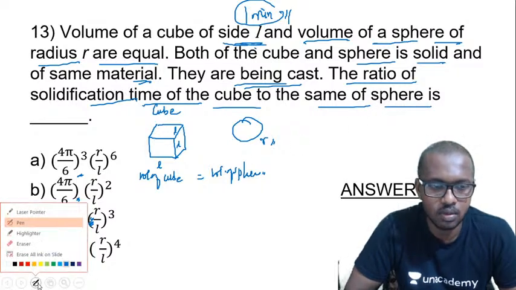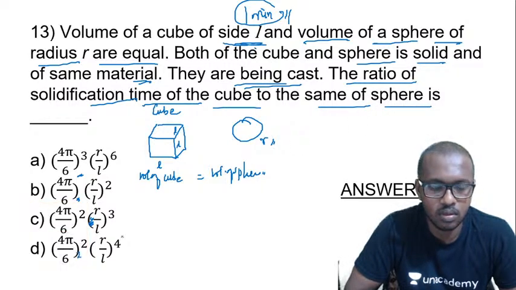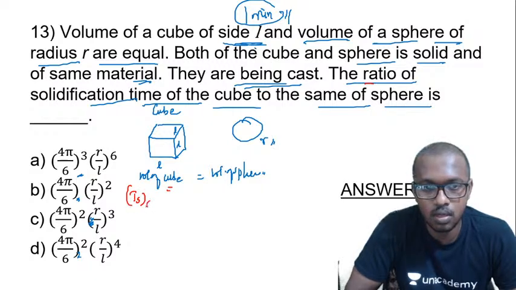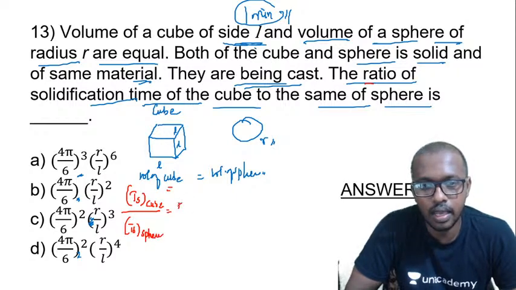They are asking for the ratio, so T of S of cube divided by T of S of sphere. We know that K into V by A square of the cube divided by K into V by A square of the sphere, correct?